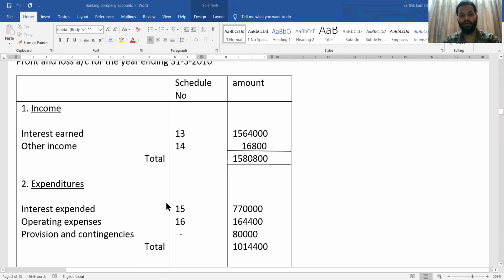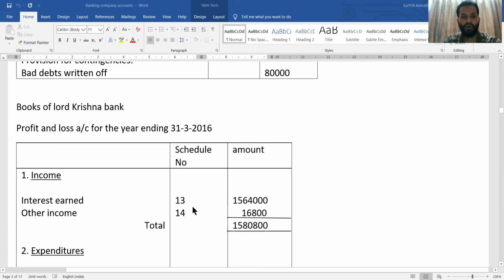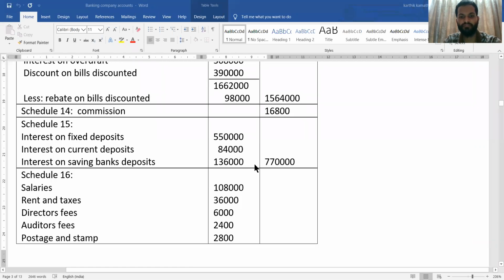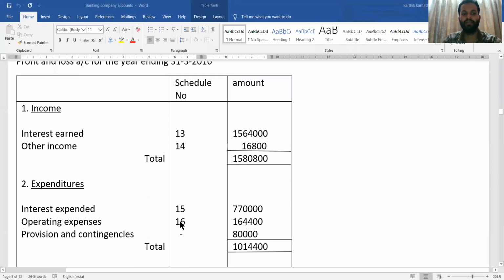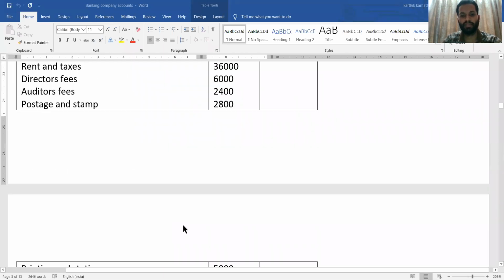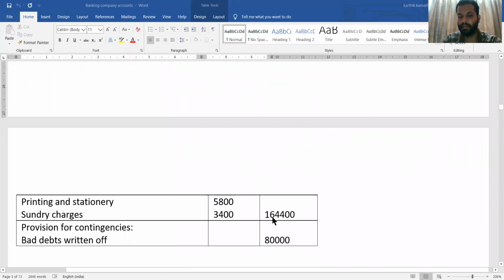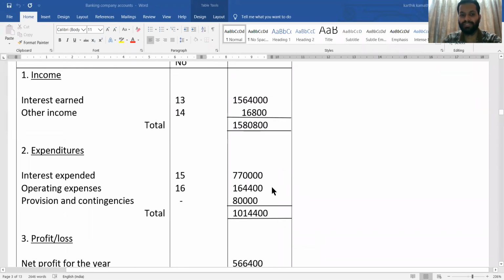Now expenditure, interest expended, that is schedule number 15. Once you see the working note for schedule number 15, what is the total? 7,70,000. So 7,70,000 you write under schedule number 15. Then operating expenses, schedule number 16. See the operating expenses total, that is 1,64,400. You are going to write under schedule number 16.